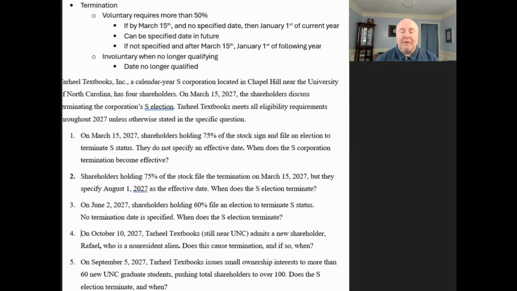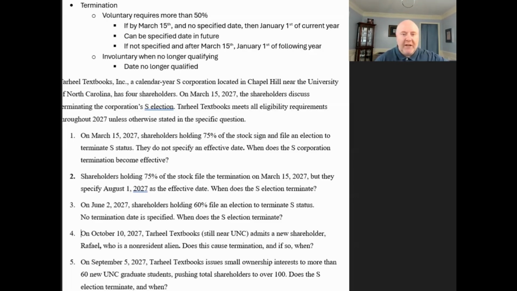Now, they can specify a future date. I told you if on March 12th they didn't have a specified date, then it goes back to January 1st. But they could say on March 12th, hey, we want to terminate on, say, September 30th. You can do that.